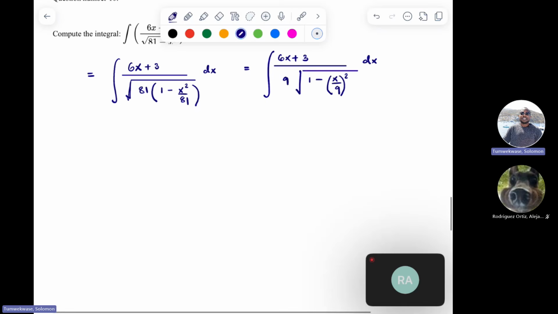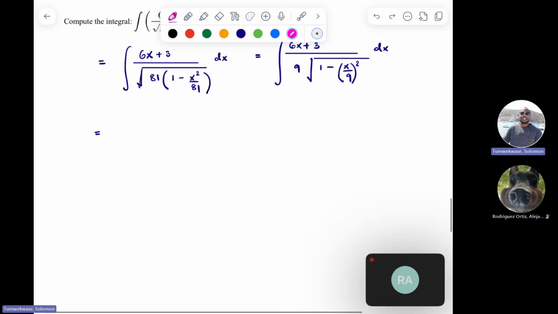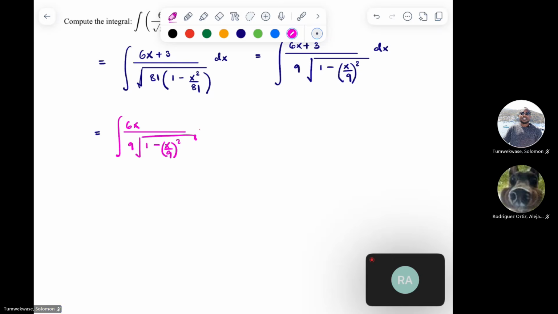So now I can separate these integrals by distributing the denominator to both of these. So I'll have the first integral, maybe in orange, is the same as integral of 6x over 9 square root of 1 minus x over 9 squared, then dx.